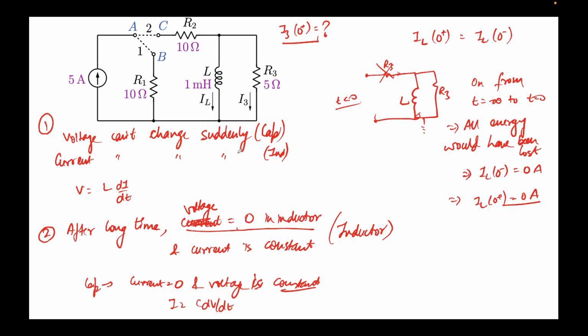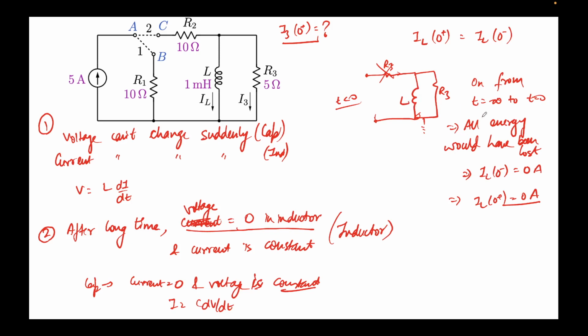By utilizing this information that current can't change suddenly, we identified that IL at 0 minus would have been 0 amps. If there was any current I, there would be a joule energy loss through this resistor, which doesn't make sense, because then this would have been an infinite repository of energy, which is not possible.